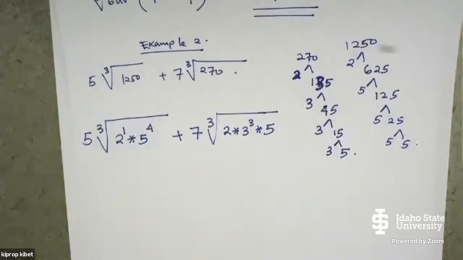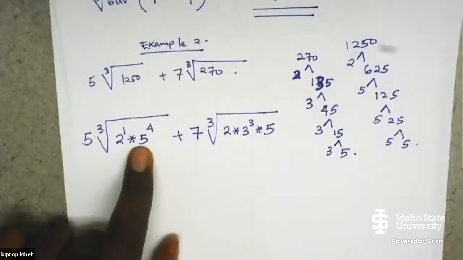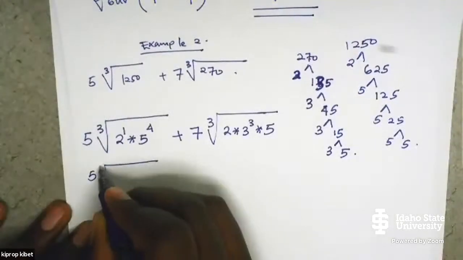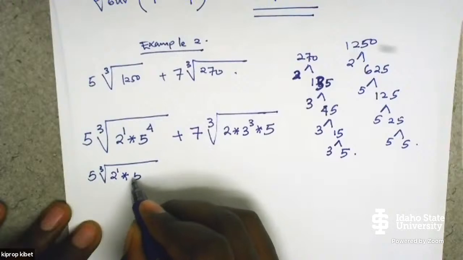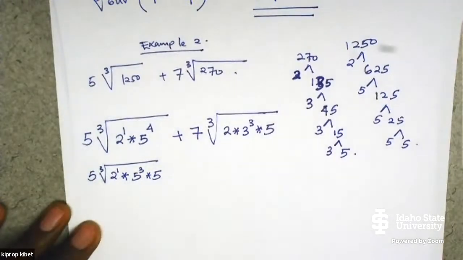Now, if you look at this one, you can also simplify this, right? So 5, the cube root of 2 raised to 1 multiplied by 5 raised to 3 multiplied by 5, right?